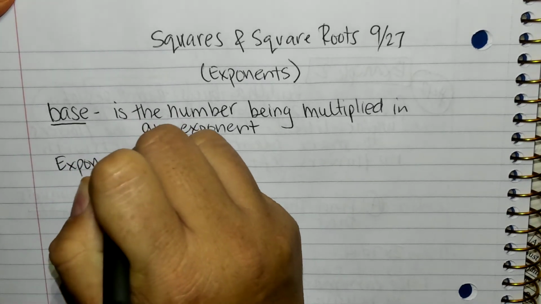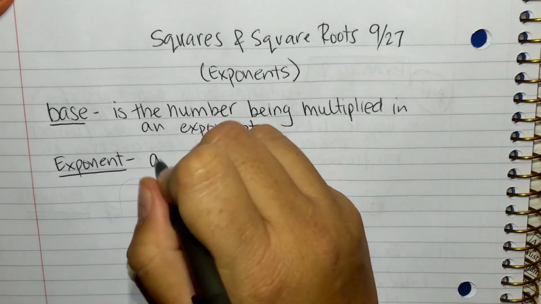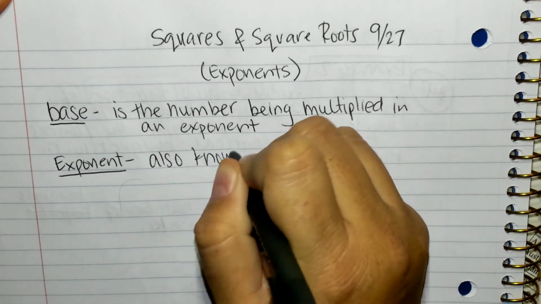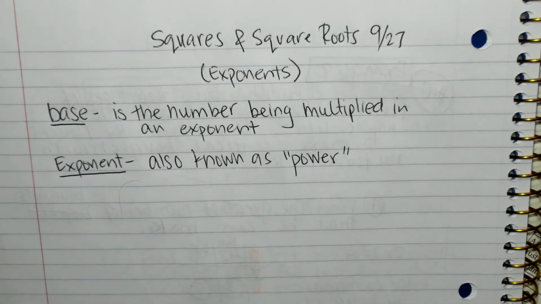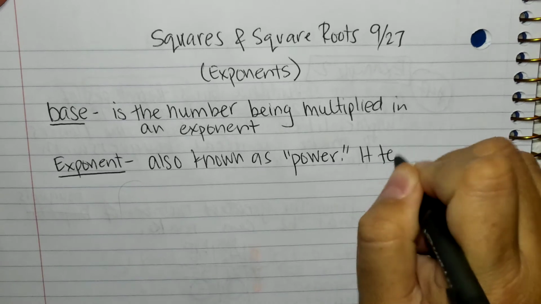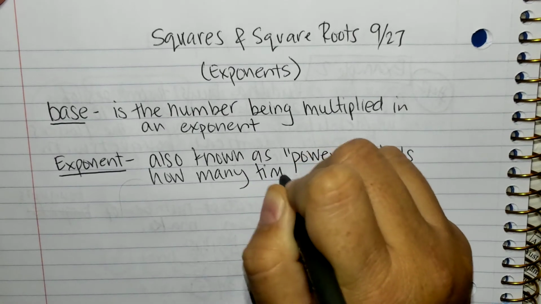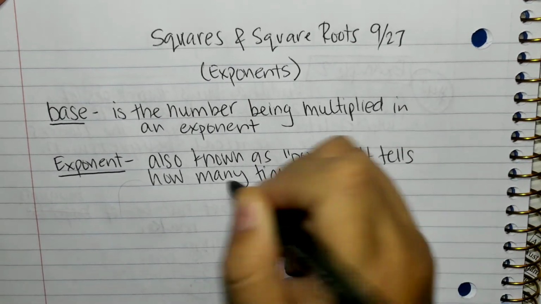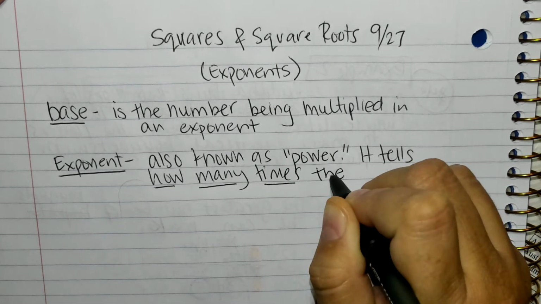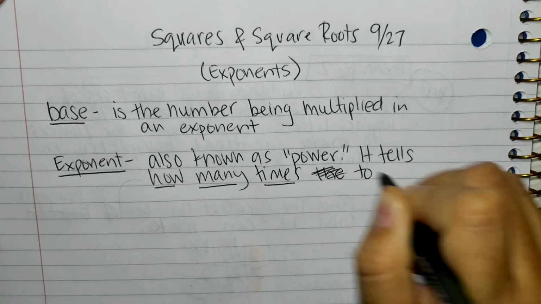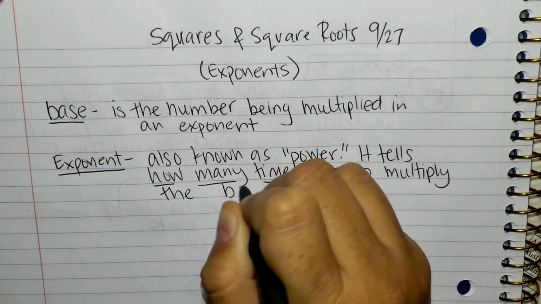The exponent is also known as a power. It tells how many times to multiply the base.